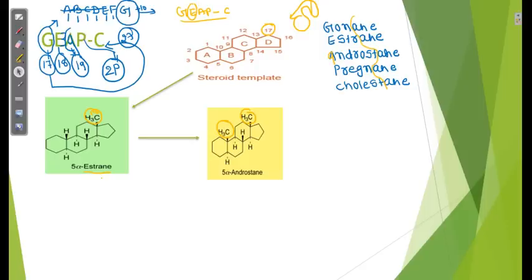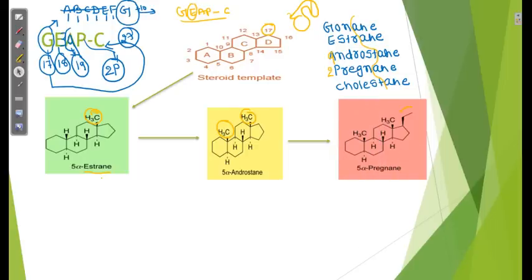Let us go to pregnane. Now there is no possibility to add a methyl here, so we again move to the top position and start adding here, that is this one.